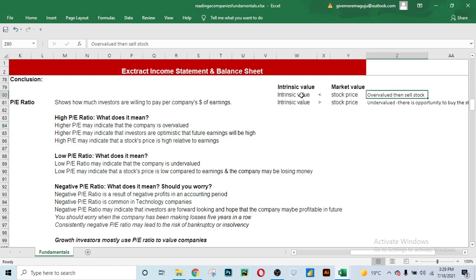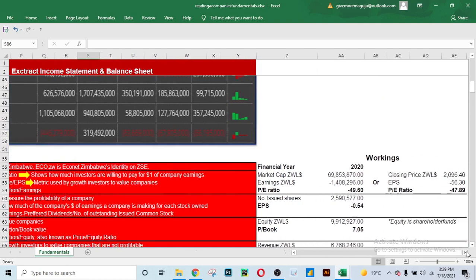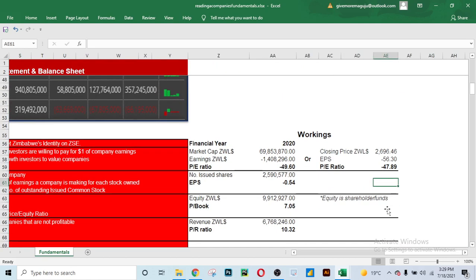So the intrinsic value is your analysis, the value that you get. Okay, let's say for example, when we calculate the PE ratio, let's go back here. Let's say in the normal cases it was a positive figure, 0.54, and here we've got negative 5.6 something.